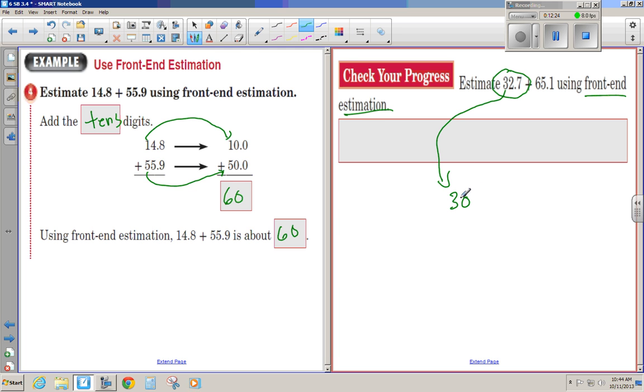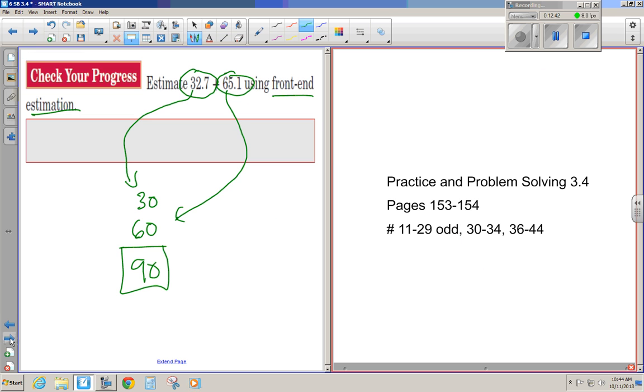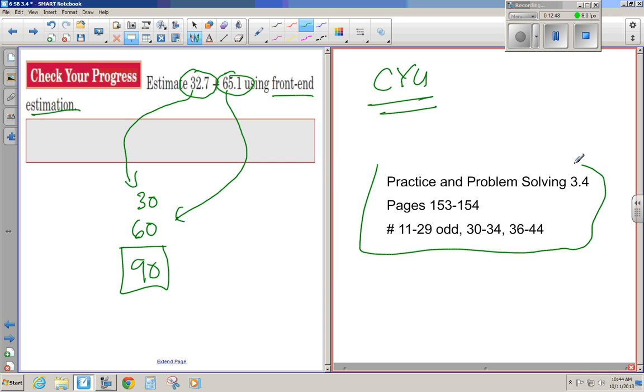So you should have 30. The first number, 60. Add them together, 90. So front-end estimation is just adding the first digits in each number. All right, give this check your understanding a try, and we're going to work on some of these problems in class. Good luck.